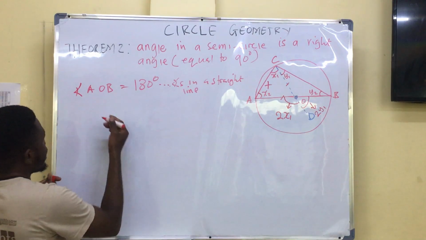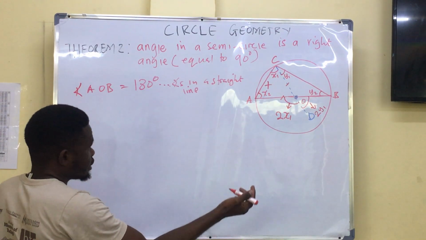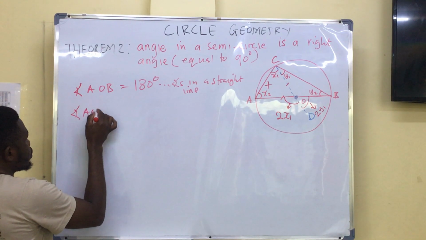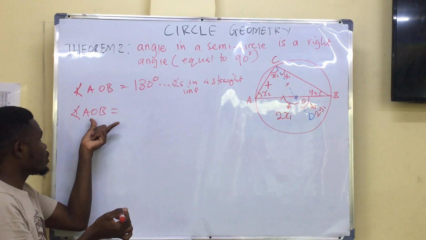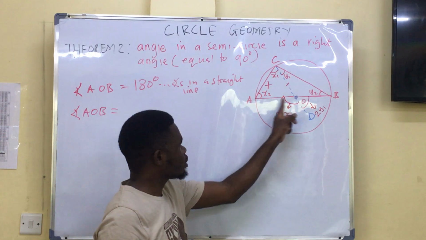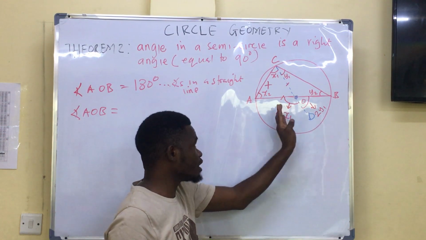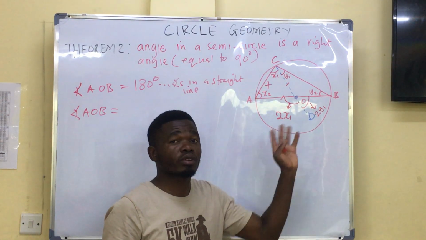So we know that angle AOB is equal to 180 degrees, right? Fine. If you want to find the value of angle AOB, we can add angle AOD plus angle DOB, right? We know that adding those angles will make a complete 180 degree angle, right?